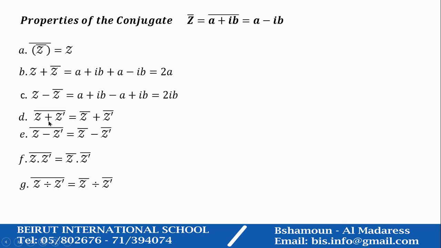The conjugate of Z plus Z prime is the sum of the conjugates. The difference of the conjugates is the conjugate of the difference also. If you have Z minus Z prime, the conjugate of this will be conjugate of Z minus conjugate of Z prime. The conjugate of a product is the product of conjugates. Also, the conjugate of a division is the division of conjugates.